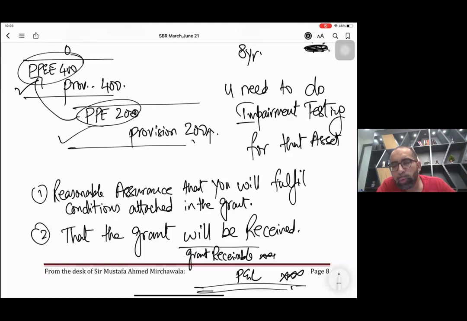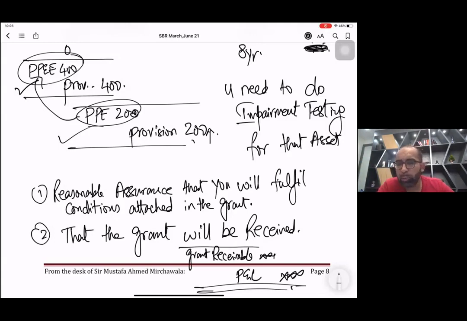This time you are getting this grant for the past act, which you have already done. The damage has already been booked in the P&L. So when the damage has already been booked in the P&L, this thing will also go in the P&L to match. Remember, the major concept is the matching principle.